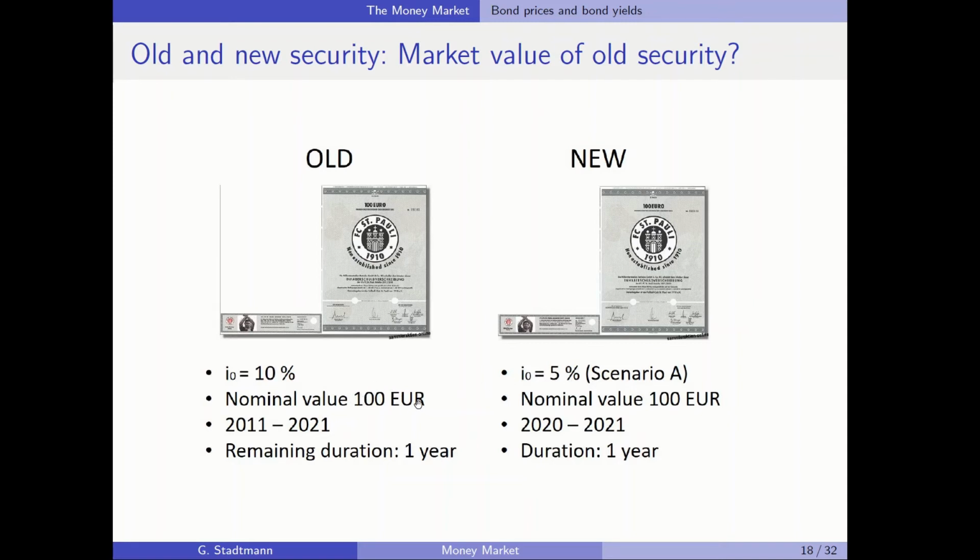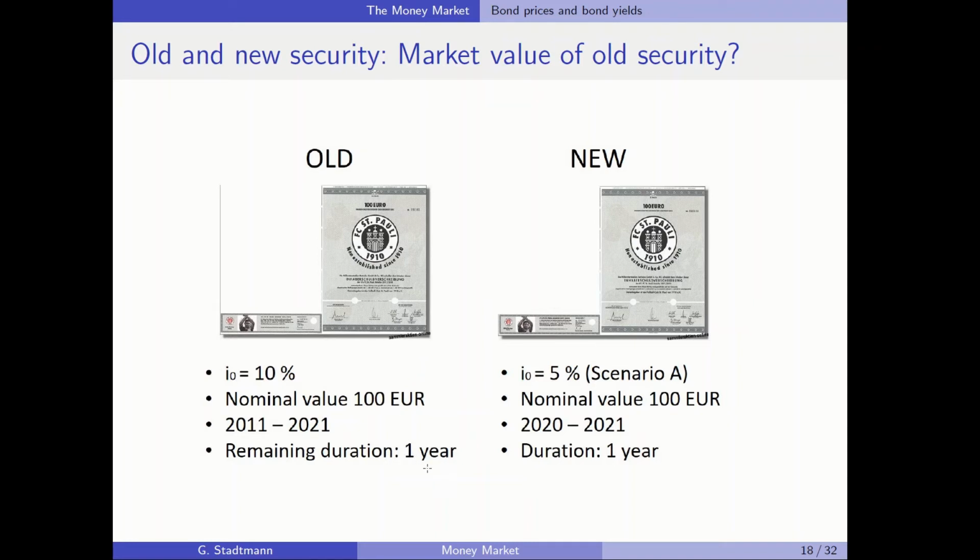So you are able to increase the price to the level of 105 euros, because when somebody is investing in your bond, in 1 year from now, he will receive an additional 5 euros.